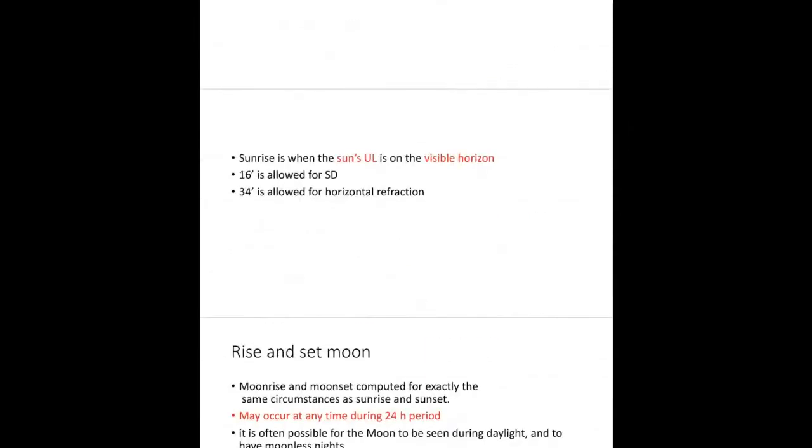Voila. Now, sunrise is when the sun's upper limb is on the visible horizon, but of course, corrections will have to be made because we know that the visible horizon is not equal to the true horizon. So 16 minutes for semi-diameter will have to be allowed, and in total we will see that we have to add a correction of 34 minutes for horizontal refraction. Okay.